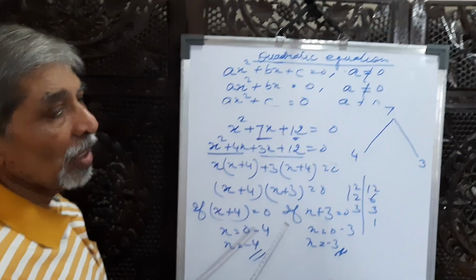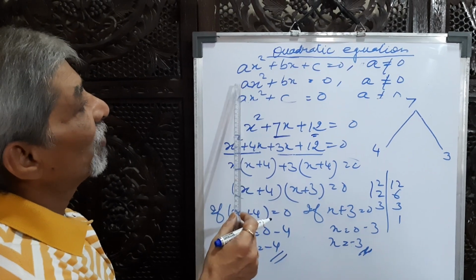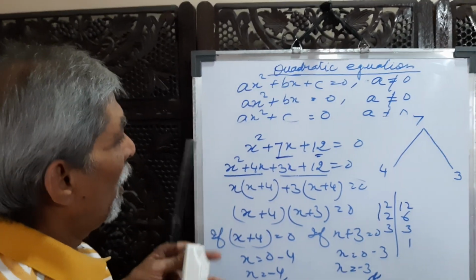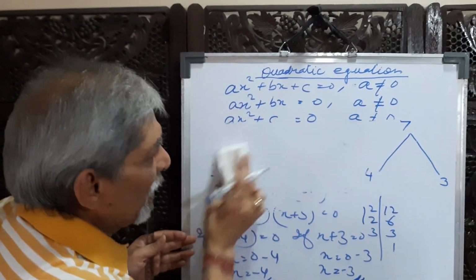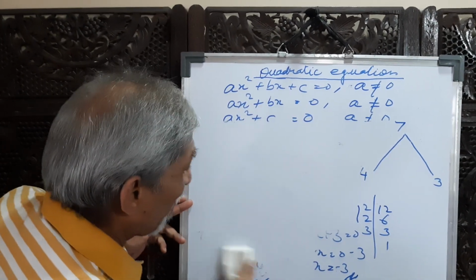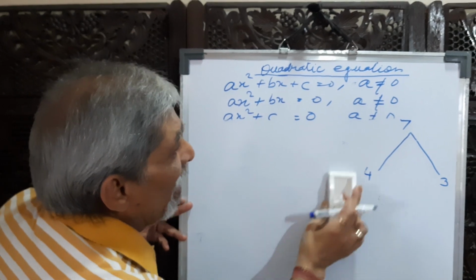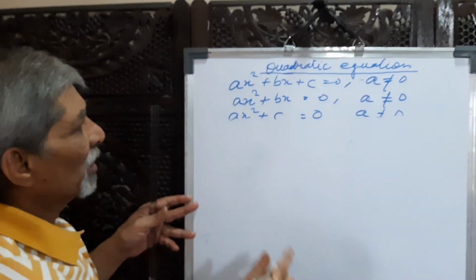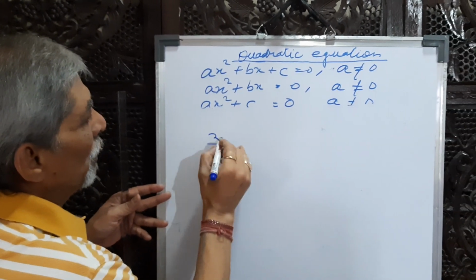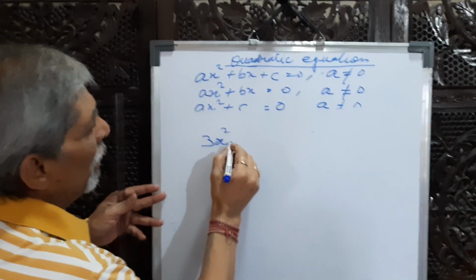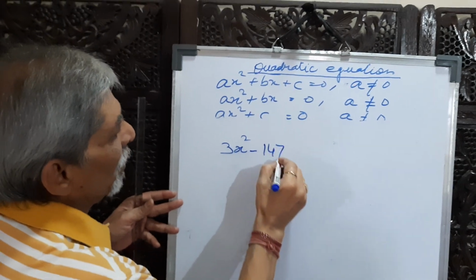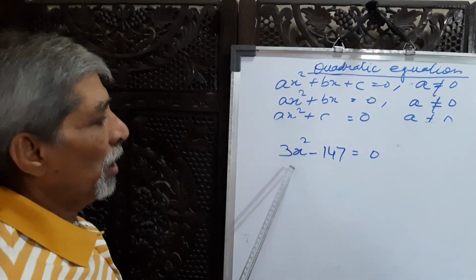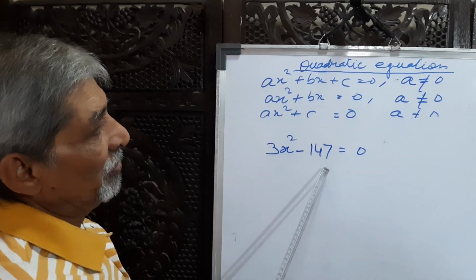Now we shall take one example of the binomial. Binomial means when it is in the form of ax squared plus c. I take an example: 3x squared minus 147 is equal to 0. It is ax squared, it is c.